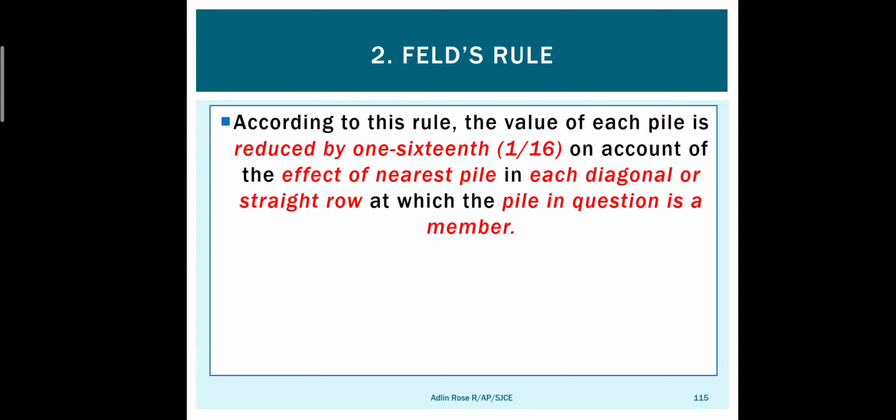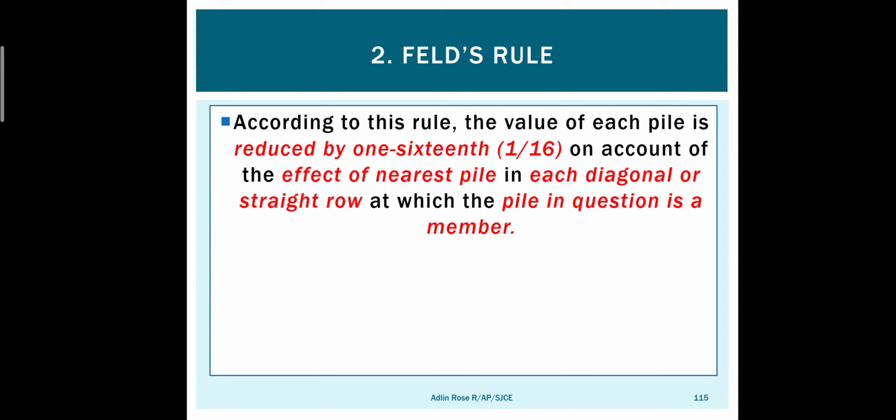The rule is, it's not necessarily a triangular pattern. In a pile group, some piles are at the corners, some piles at the center. If it is a 5 pile group, we arrange 4 piles at the corners of the pile cap and one at the center.